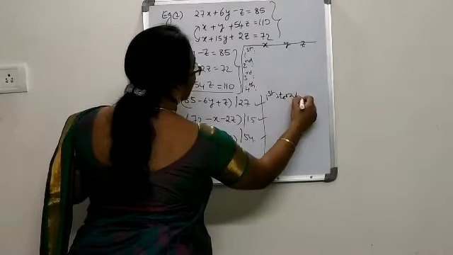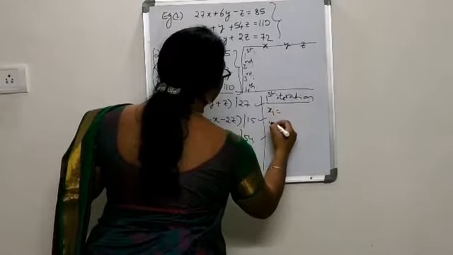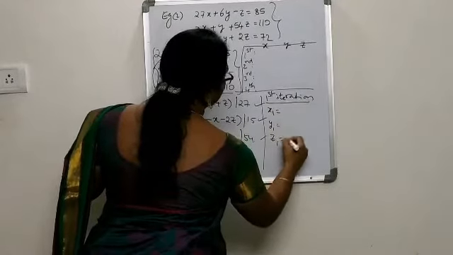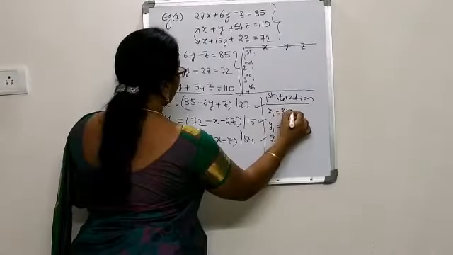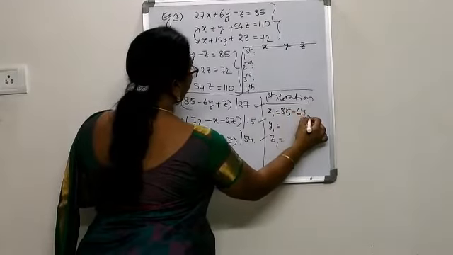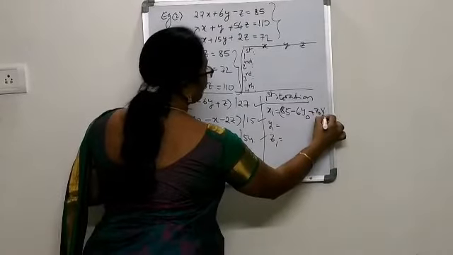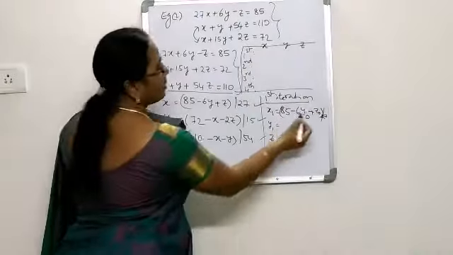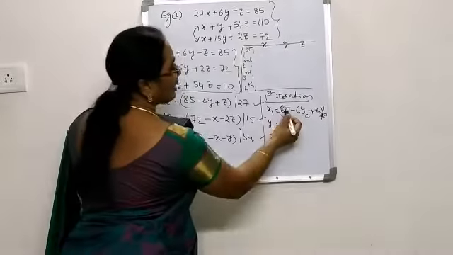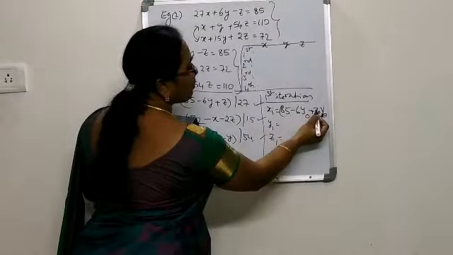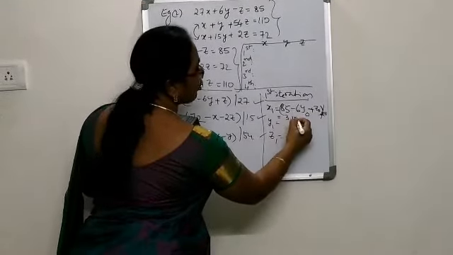I am showing here the first iteration values, to get the values of x1, y1, z1. To get the value of x1, it is 85 minus 6 into y0 plus z0 upon 27, where this y0 and z0 are initially supposed to be zeros. So we get 85 minus 0 plus 0, it is 85 by 27, which gives us 3.15.